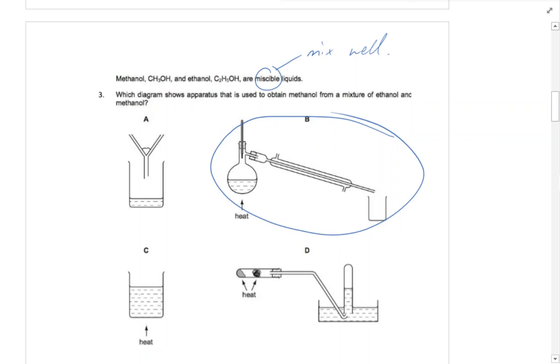C is just evaporation. D looks like we're trying to collect a gas over water, so it's a gas collection method. B would allow you to collect one of the alcohols before the other by only heating it to a certain temperature. So this is going to separate them based on their boiling point.